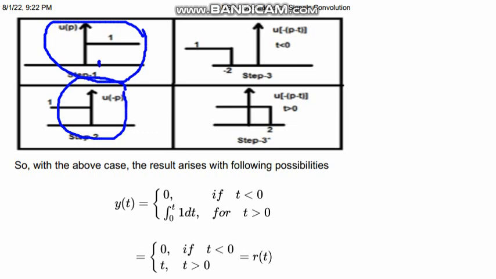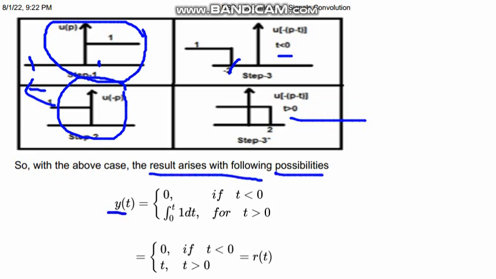The x-axis will be negative and it goes to that position, and then we go to the shifting property. That means t times shifting, minus p minus t, just shift there, and that is t less than 0. If we shift in the positive direction, that will be t greater than 0. So with the above case, the result arises with the following possibilities.